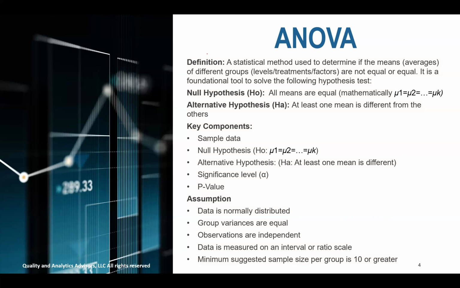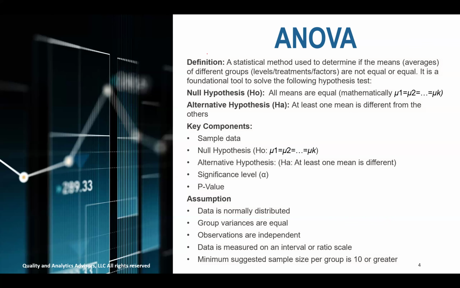Lower alphas will require more samples. Then the ANOVA is basically going to calculate a p-value. The ANOVA methodology is going to end up by giving us a p-value that we're going to use to make a decision which way we want to go, whether we want to go with the null or whether we want to go with the alternative hypothesis.